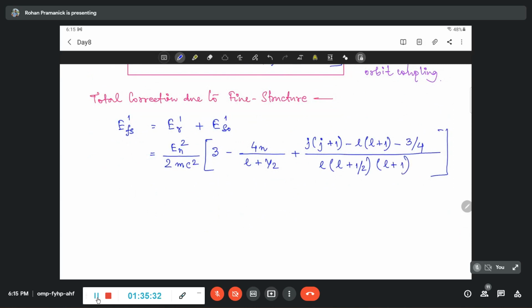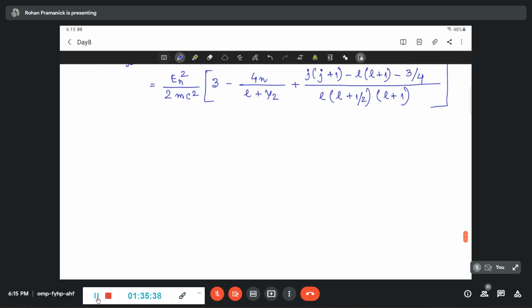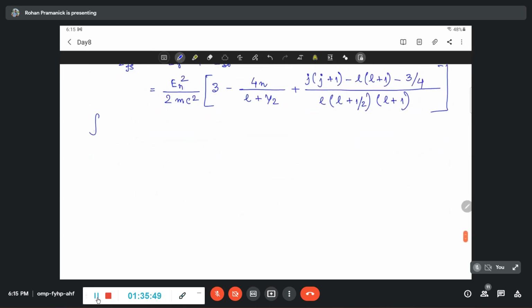Okay, so this is the typical thing you do. Let's calculate it for two states. There are two possibilities: j equals L plus half and j equals L minus half. So let's start with j equals L minus half.